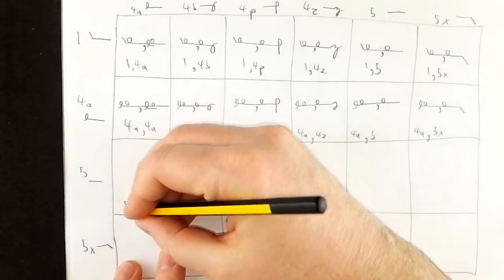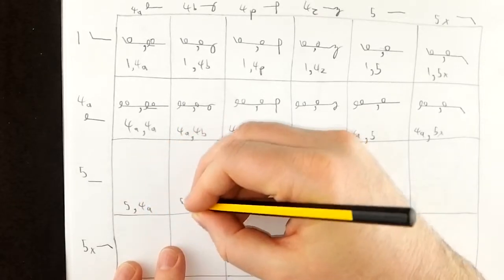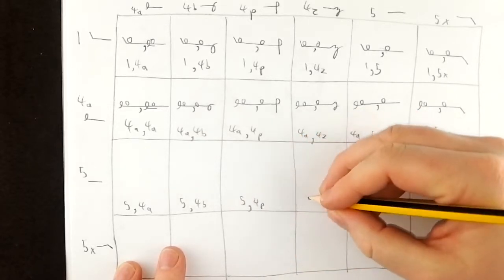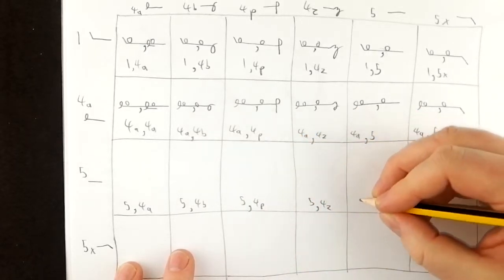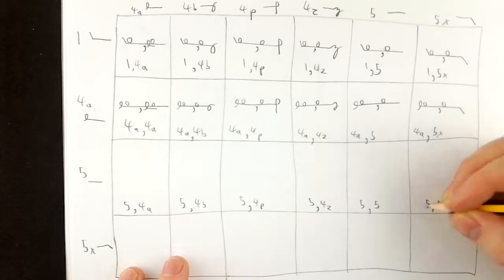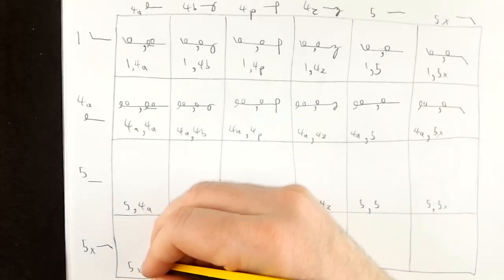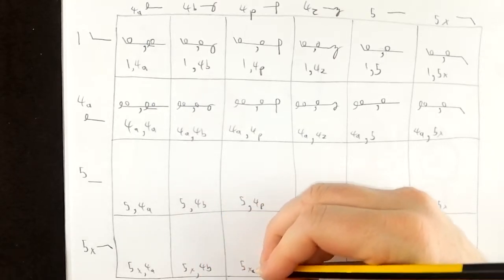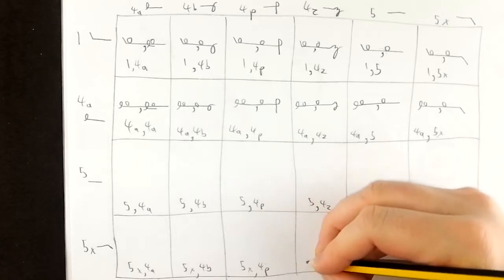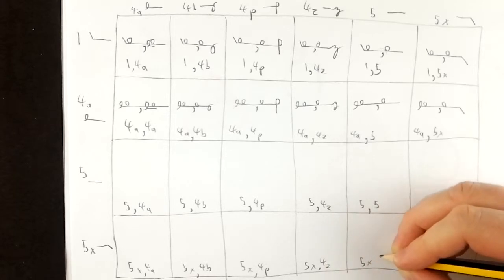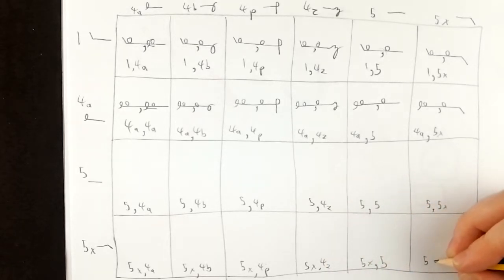Here we go. 5, 4A, 5, 4B, 5, 4P, 5, 4Z, 5, 5, 5, 5X, 5X, 4A, 5X, 4B, 5X, 4P, 5X, 4Z, 5X, 5, 5X. Okay.